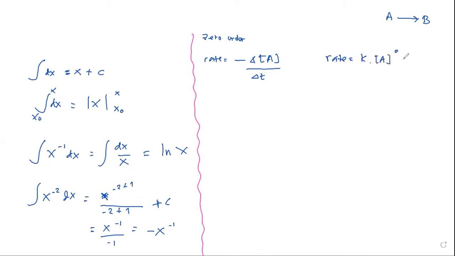So we can combine these two definitions in the differential form, which is better for us mathematically. So negative d concentration of A over dt equals k times concentration A to the power of 0, which is 1. So negative d[A] over dt equals k.